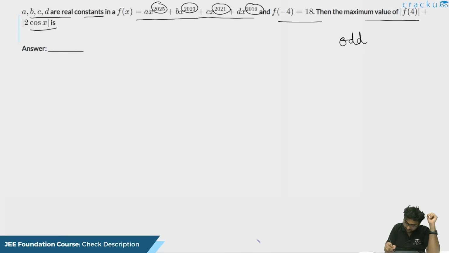And f of minus 4 is given and we need to find the value of f of 4. So this must be an odd function. How? Let us see.